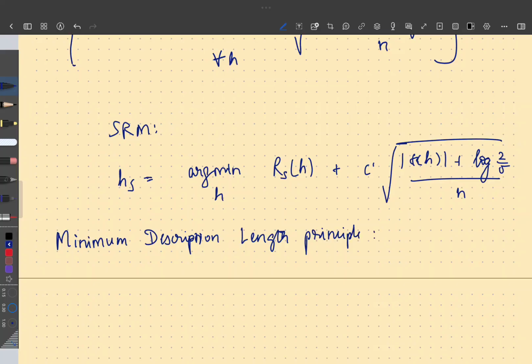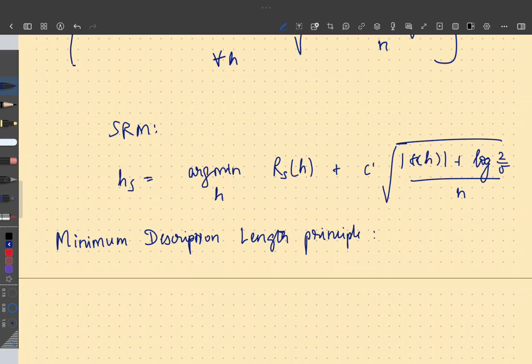If you have two predictors which give you the same empirical risk, then you prefer the one which has a simpler description. And in this case, the description is provided by this prefix-free code.